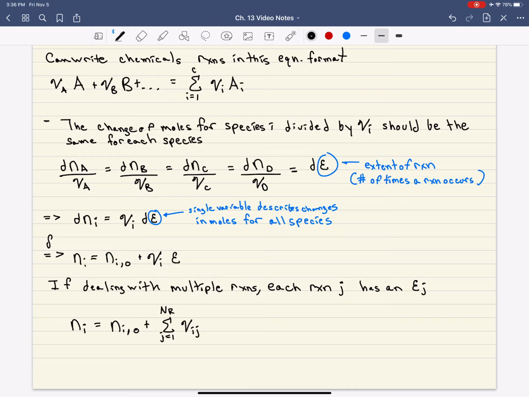So this is saying that species i can participate in j number of reactions. Okay? And so that's how you would write this equation if you were dealing with multiple reactions.